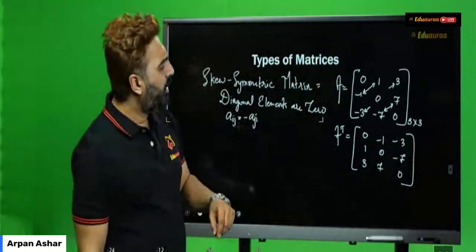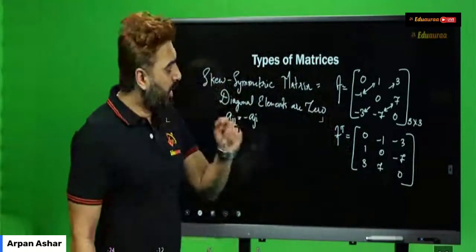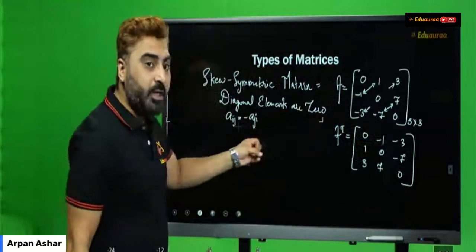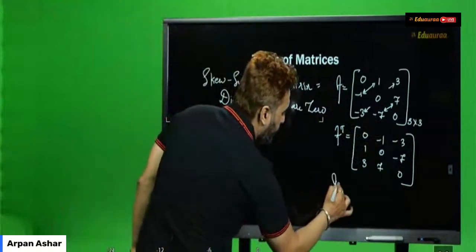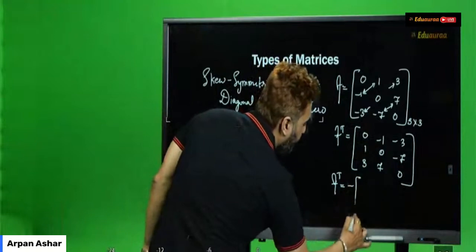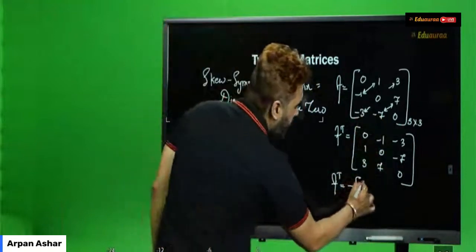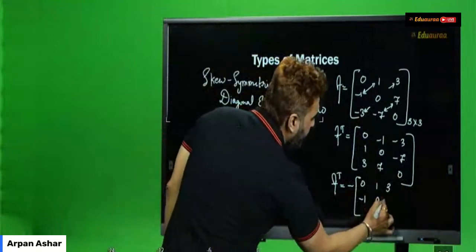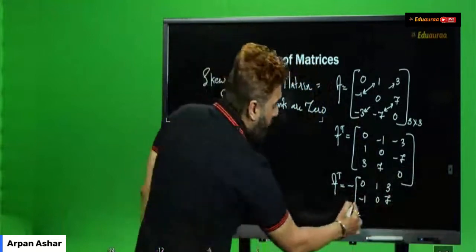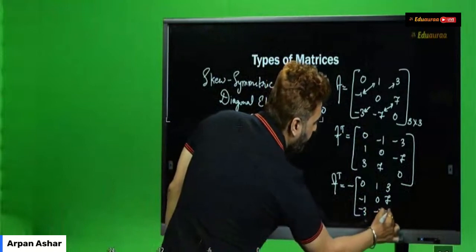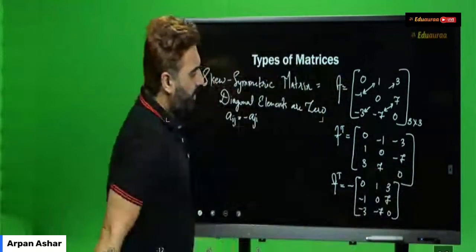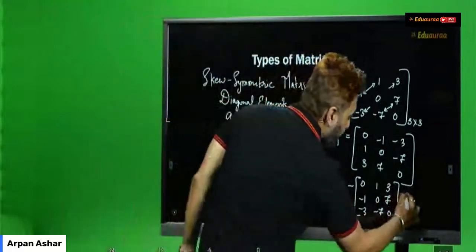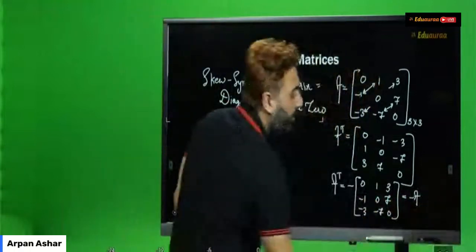Now, what is the benefit here? Let's take the minus sign common. The moment we take the minus sign common, we get back 0, 1, 3, -1, 0, 7, -3, -7, 0. This is A again. So we can say that it is equal to -A.